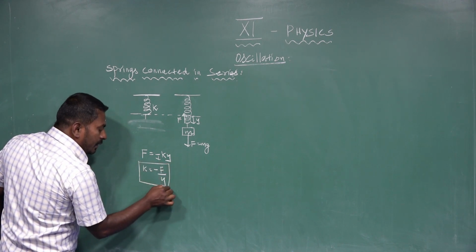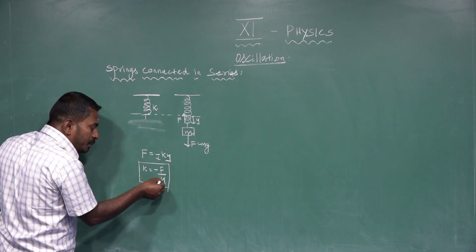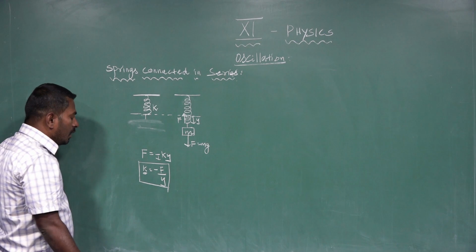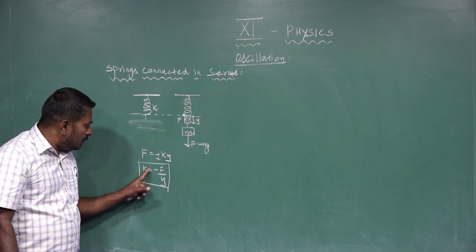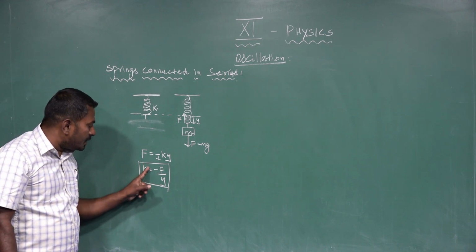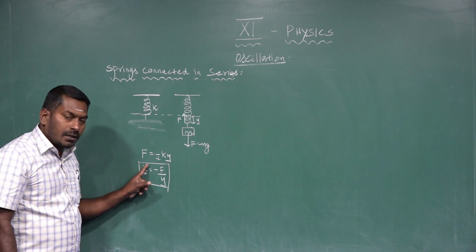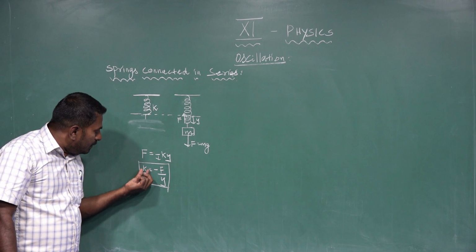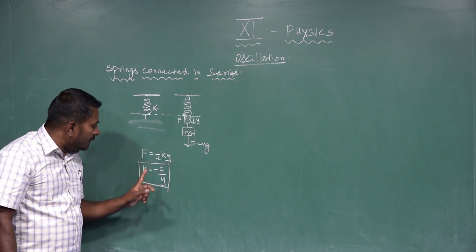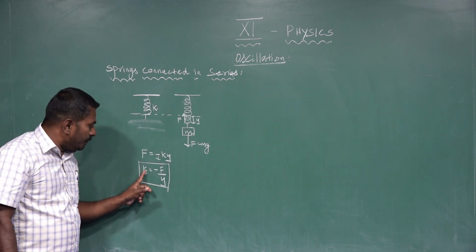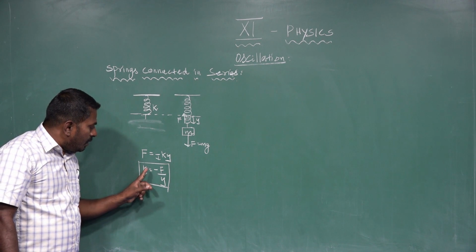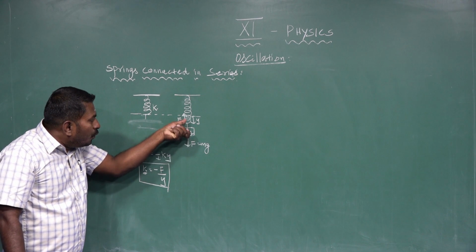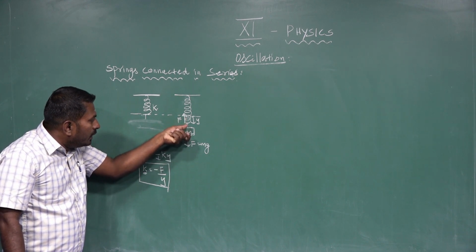For a given elongation produced in the spring due to the force F, if the stiffness constant or force constant has a greater value, the spring has a greater force constant, which indicates that a greater amount of force is required to elongate the spring.